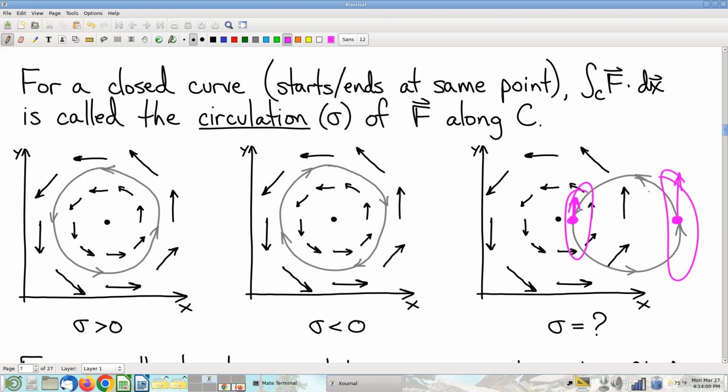And so at a glance, in other words, it's not particularly clear here what the circulation is going to end up being, and thus the question mark down here at the bottom. Most of the time, you have to actually compute the integral, and altogether, what the integral is telling you is, overall, what is that fluid really doing? And it's giving you information about that which is sometimes visually not clear.